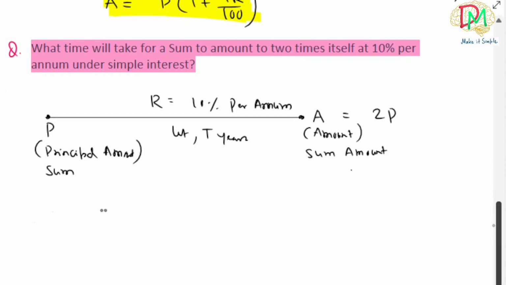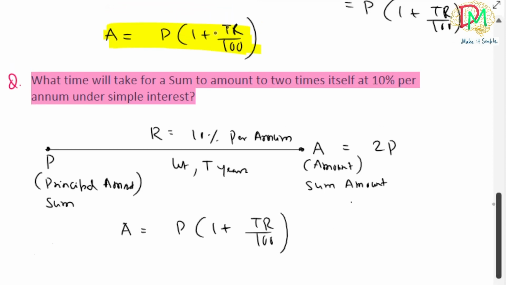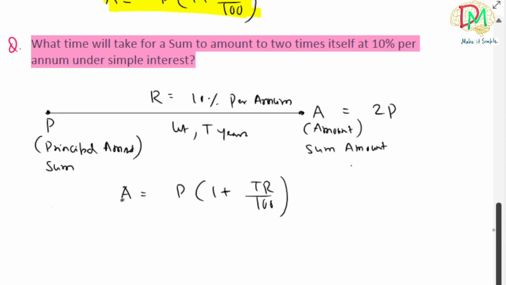That is 2P. So we know that A is equal to P into 1 plus TR by 100, this formula. So here we replace A with 2P, add P, and put the value of R as 10 and the 100.